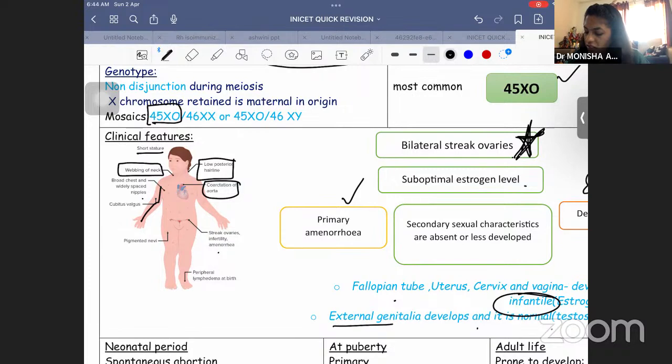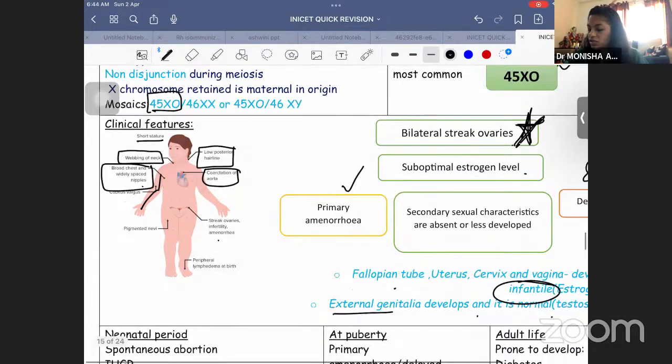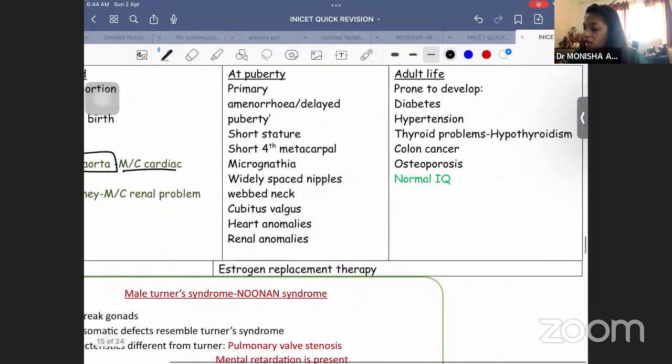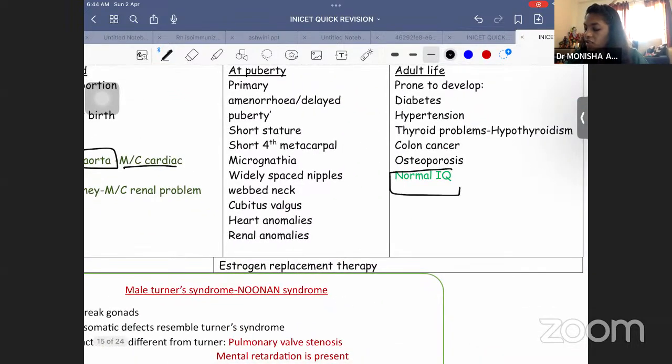What I marked are all the characteristic features. In the neonatal period, the most common cardiac problem you encounter in Turner syndrome is coarctation of aorta. The same holds in adult life. Very important, they have a normal IQ.